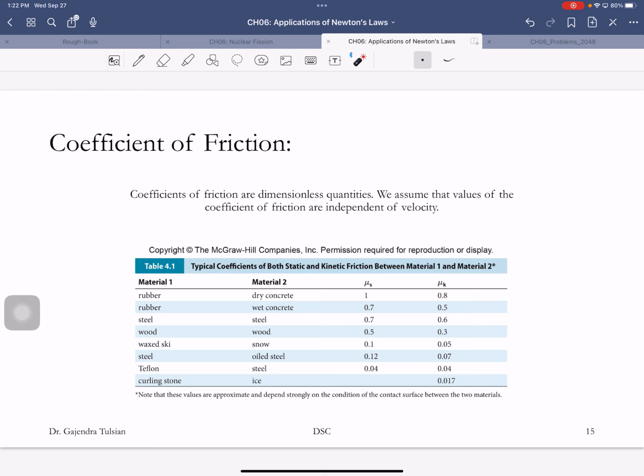So this is rubber on dry concrete. Let's say here's a rubber block on a concrete surface. Let's say the weight of the rubber block is 100 newtons. So the normal force is 100 newtons. Let's say we got this rubber block moving. What is the friction force on it?